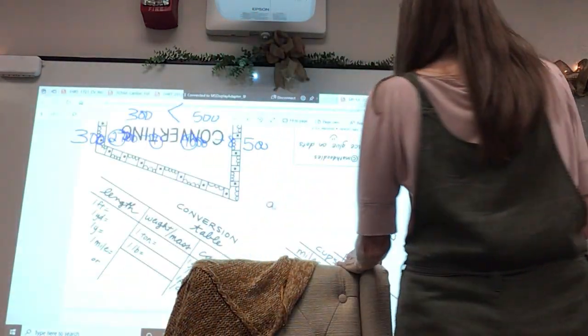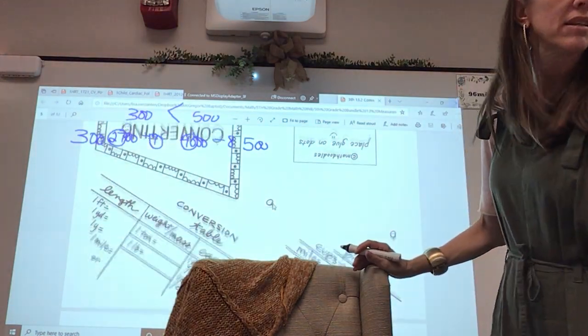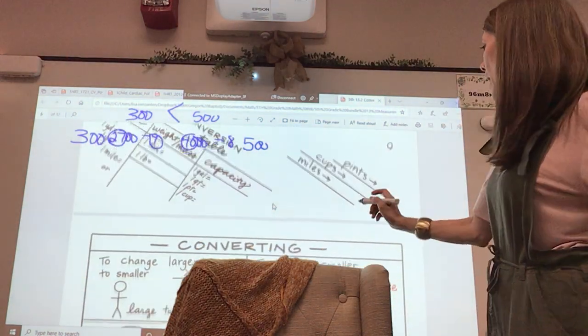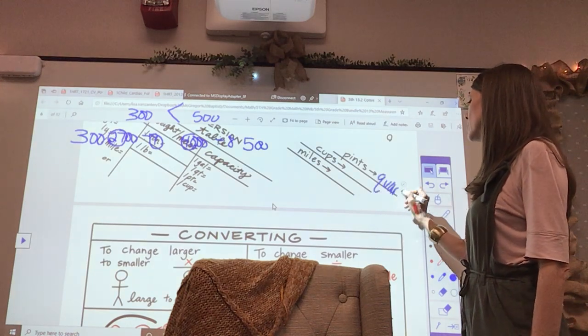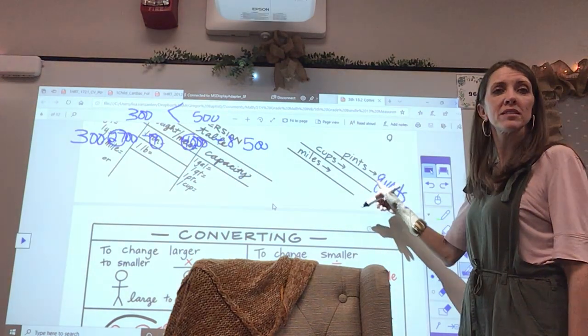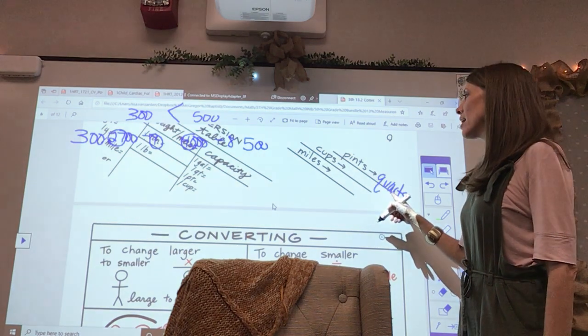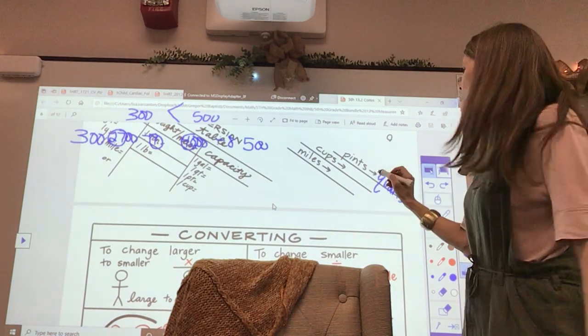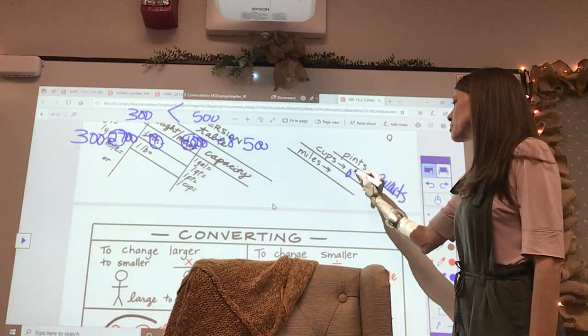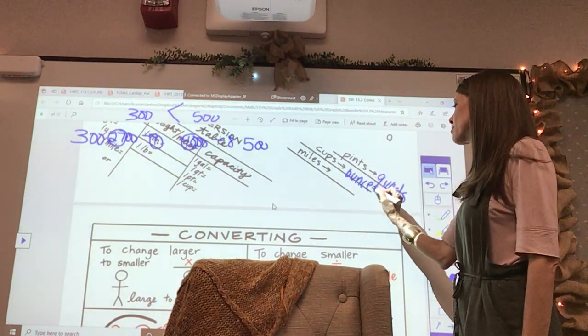So here's one example, let's put this up here. I'm going to be changing pints to quarts. That would be an example of converting measurements. Another example would be cups. What if I have cups, but the recipe calls for ounces of something?